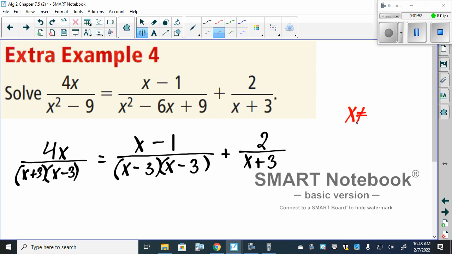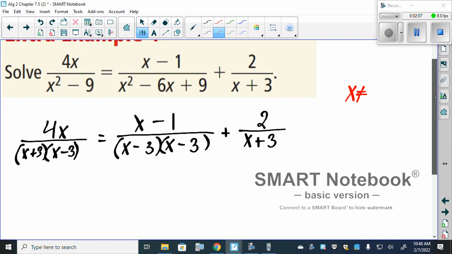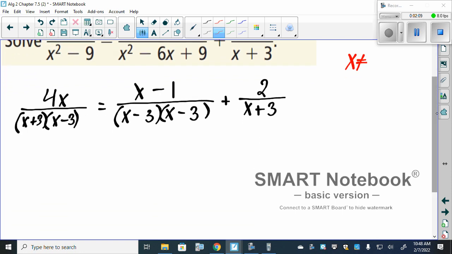Now, before we figure out what we need to multiply each of these rational expressions by to get the denominators to simplify out, it would be good to know what the restrictions are. So when we look at these 3 denominators, what's going to make each one of these sets of parentheses become 0? 3 and negative 3.